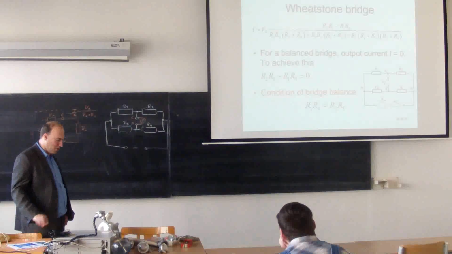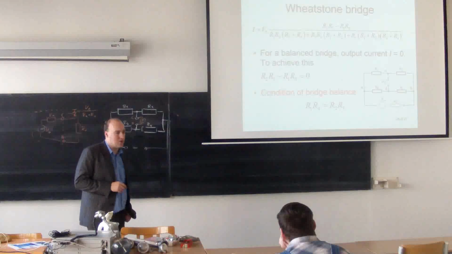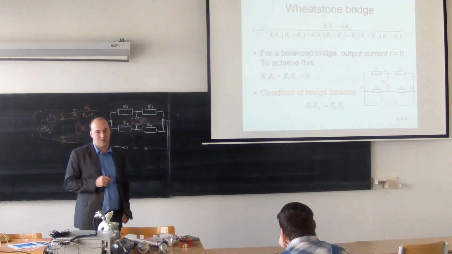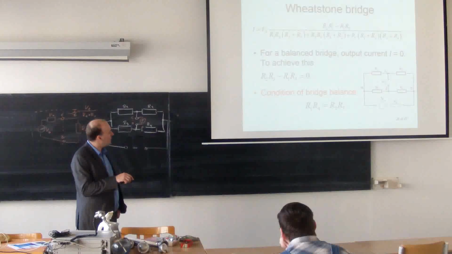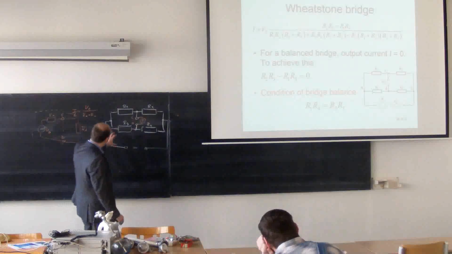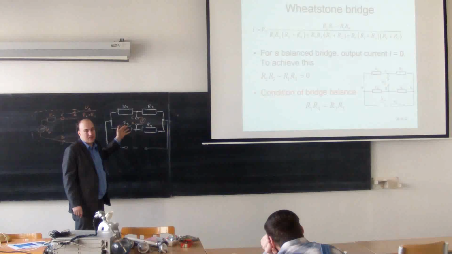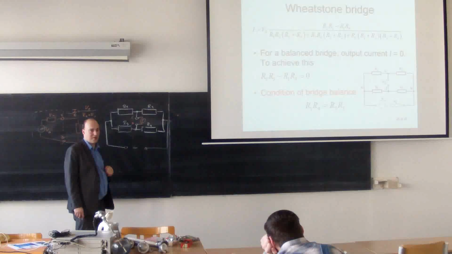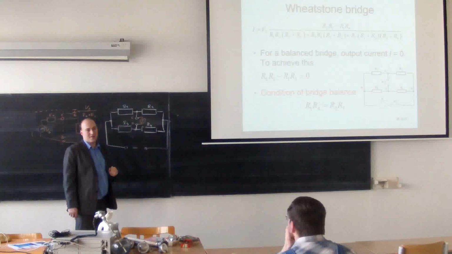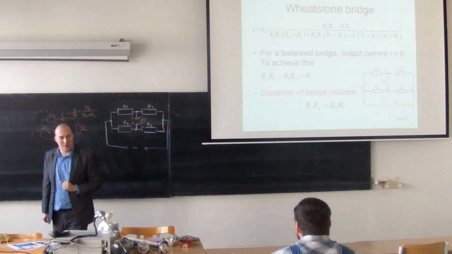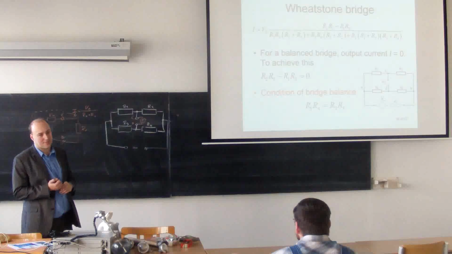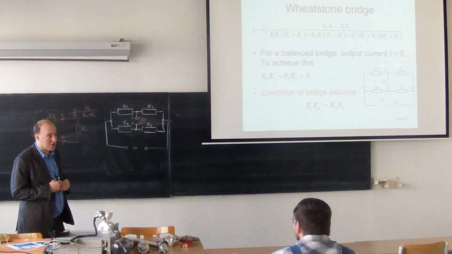So now, what options do we have if we want to unbalance the bridge? Let's say this is my bridge. I have 4 resistors. So where is the sensor? Where do I have resistance? Well, we will have two options.